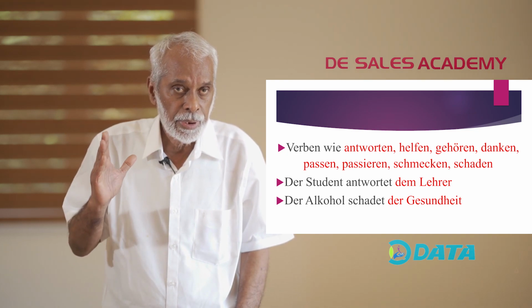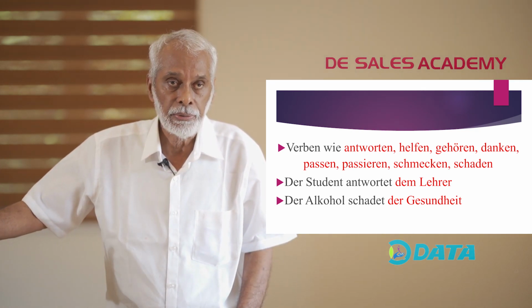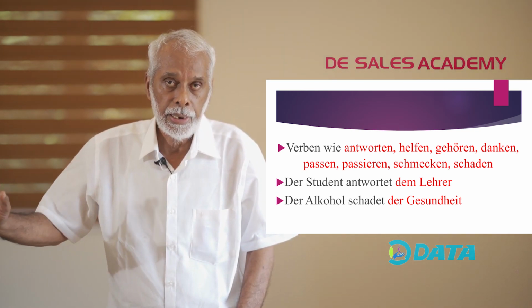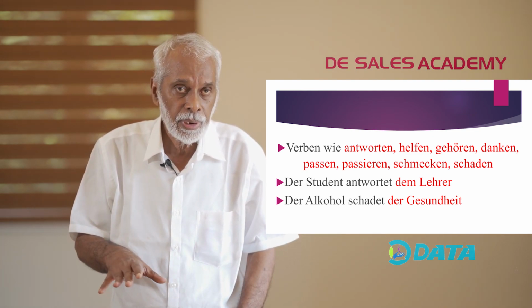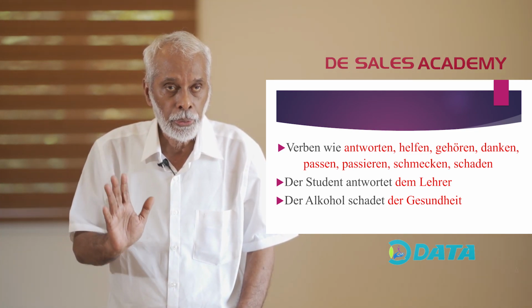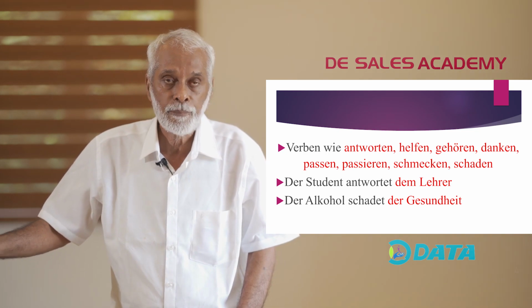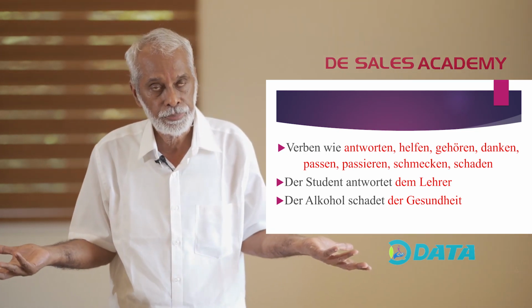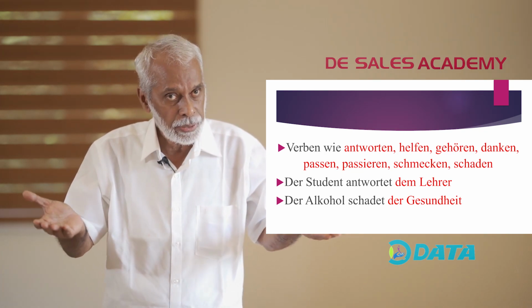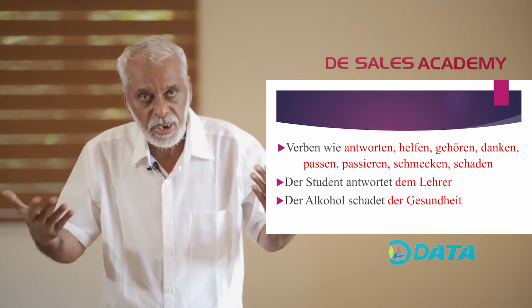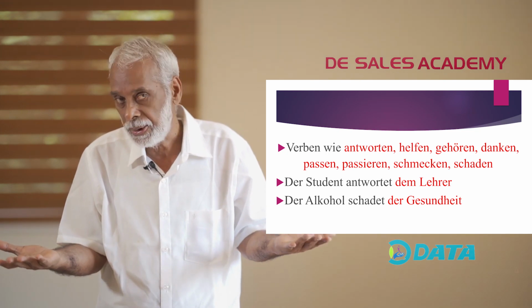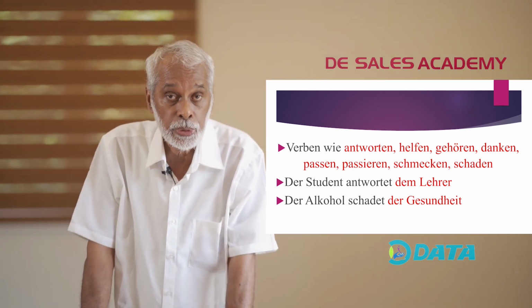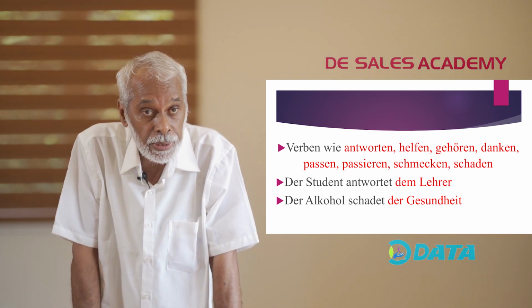Antworten, meaning to answer, dative. Helfen, dative. Gehören, dative. There is no explanation for that. You have to learn it by heart. I am hence giving some Beispielsätze, example sentences.